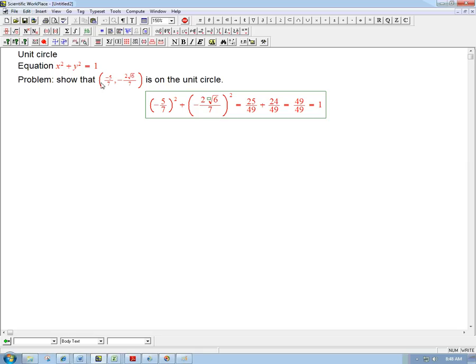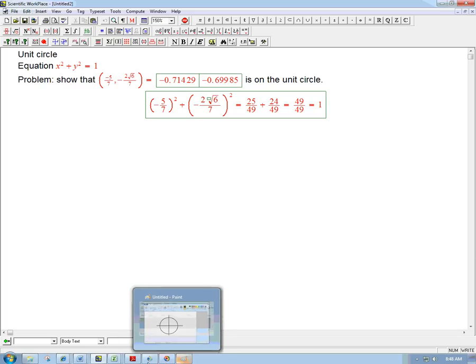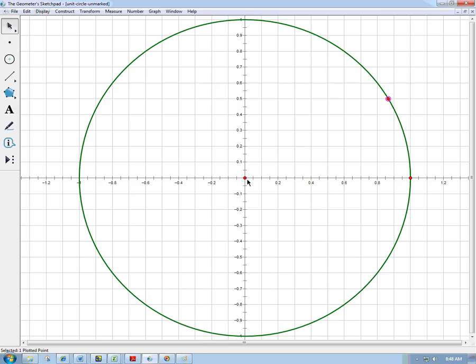Let's actually just go ahead and figure out what this is. Okay. Minus 0.7, minus 0.7, roughly. They're very similar to each other, but not quite the same. So that means if I put it on the unit circle, it's in the third quadrant where they're both negative, and right about where they're both equal, minus about 0.7, 0.7.